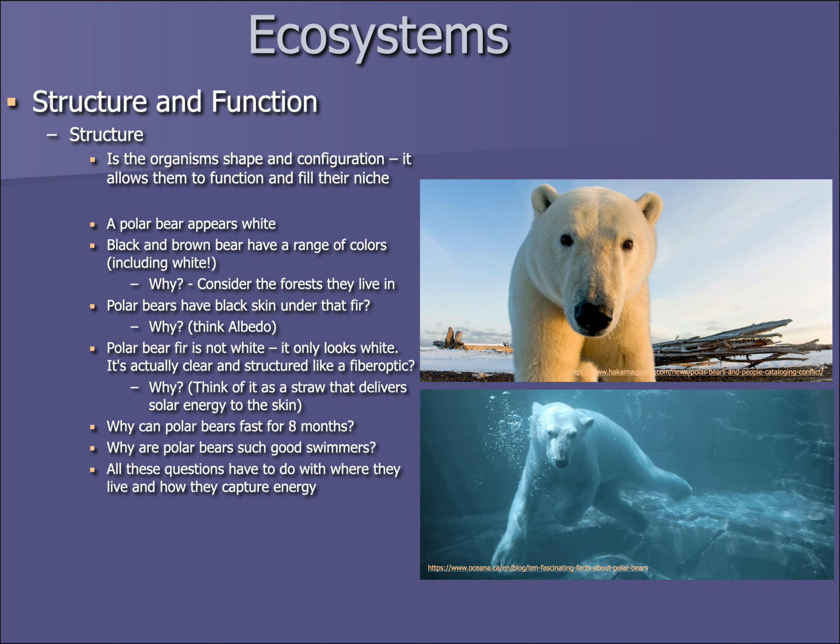And certainly with the polar bear, that's one advantage of being what appears to be a white bear out on a landscape. But the structure of animals and plants is much more complex than those superficial first observations.